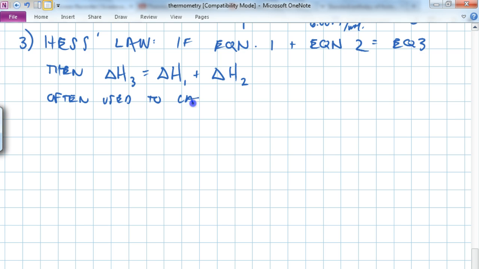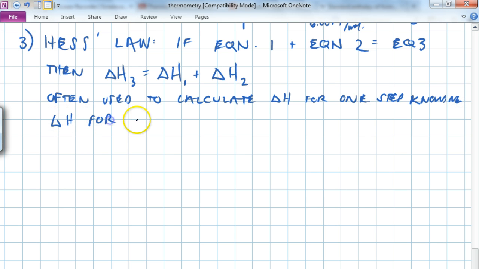So it is often used to calculate delta H for one step, knowing delta H for other steps and the overall reaction.